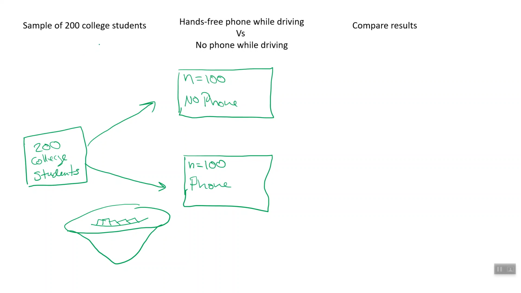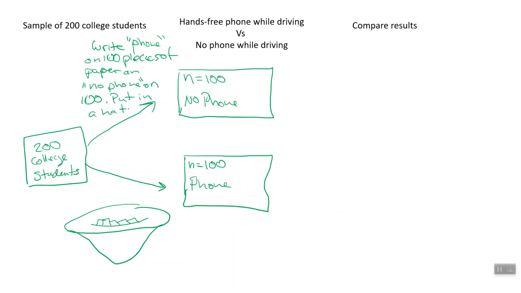So, and we have to say how we're going to do this. So write phone on 100 pieces of paper. And no phone on 100. Put in a hat. Mix them up.